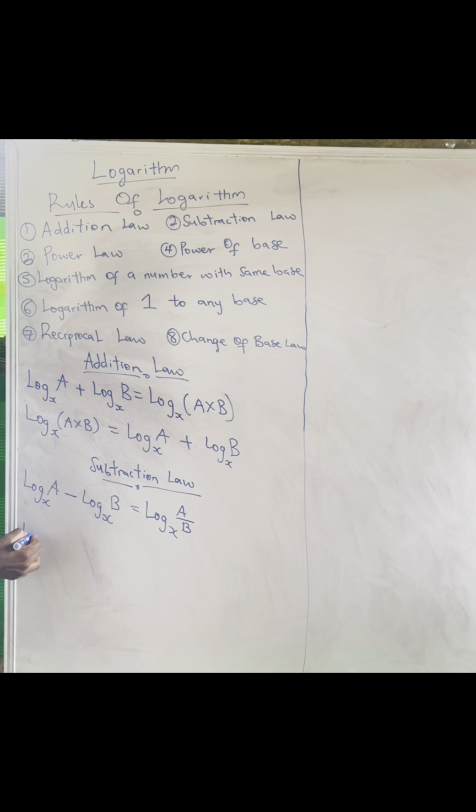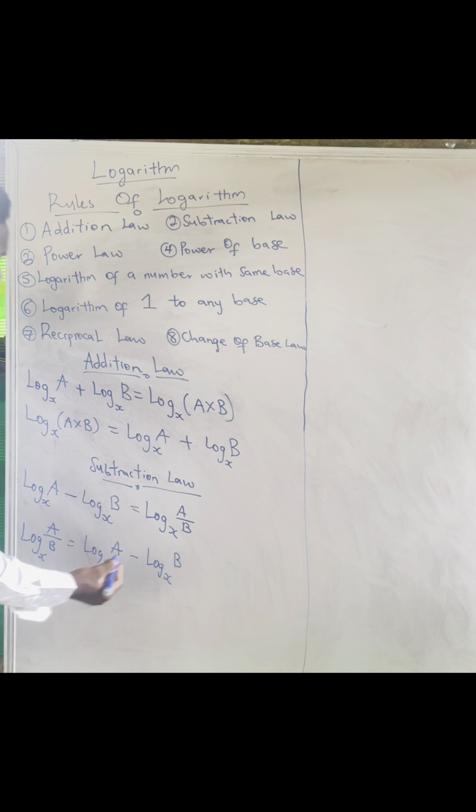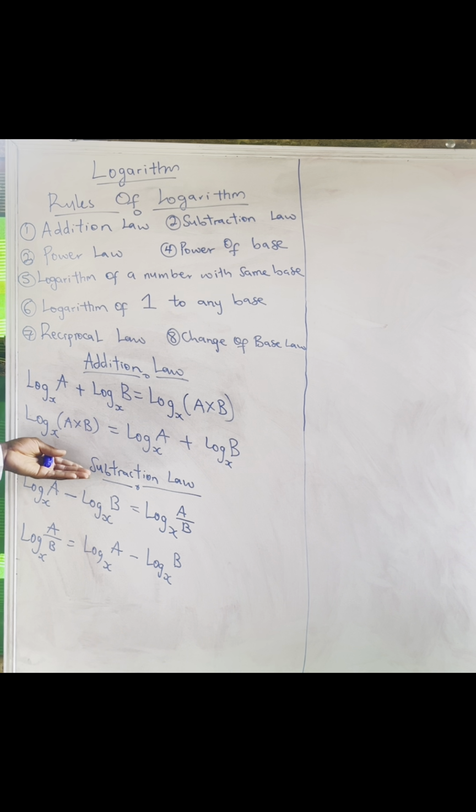So also log of a divided by b base x can be written as log of the numerator, log a base x, minus the denominator, log b base x. So this is the addition law. This is what? The subtraction law.